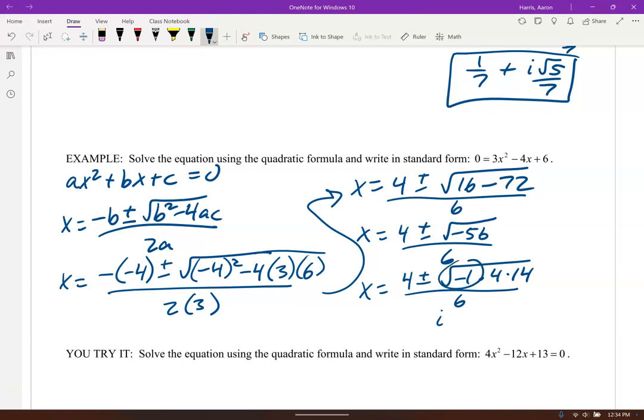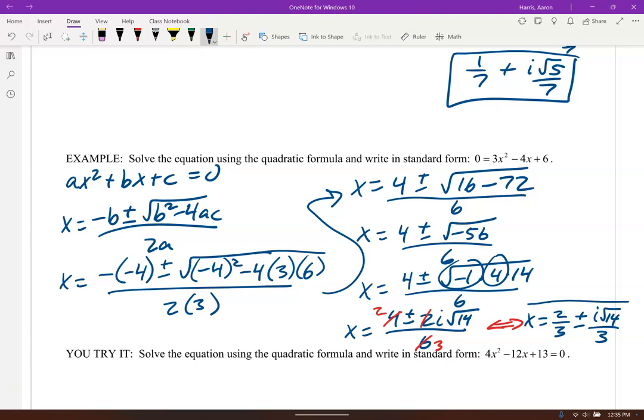Square root of negative 1 is i, square root of 4 is 2, and I'm left with a 14 underneath. This is all over 6. And then notice that both of those will go into 2. So this will become 2/3 plus or minus i root 14 all over 3.